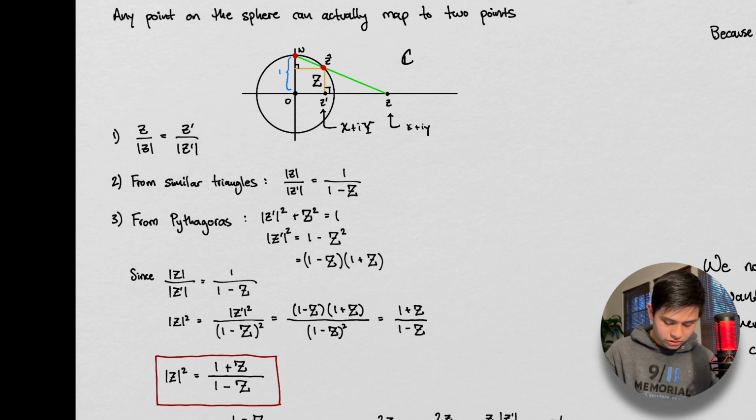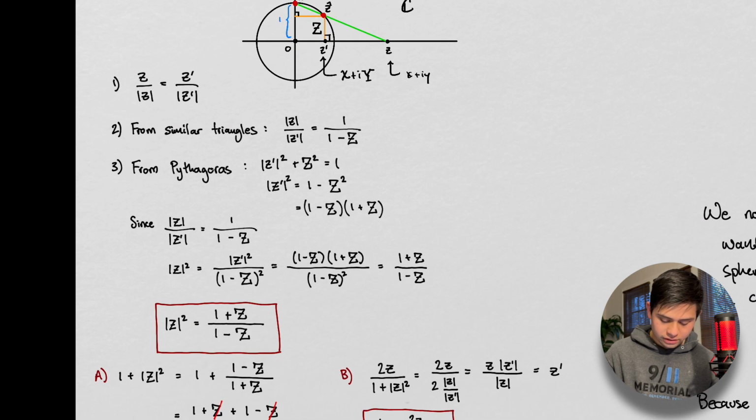This relationship is just to say that as we increase the point z on the plane, we're also proportionally changing the distance of z prime as well, right? So as we increase z, then the value of z prime should also increase.